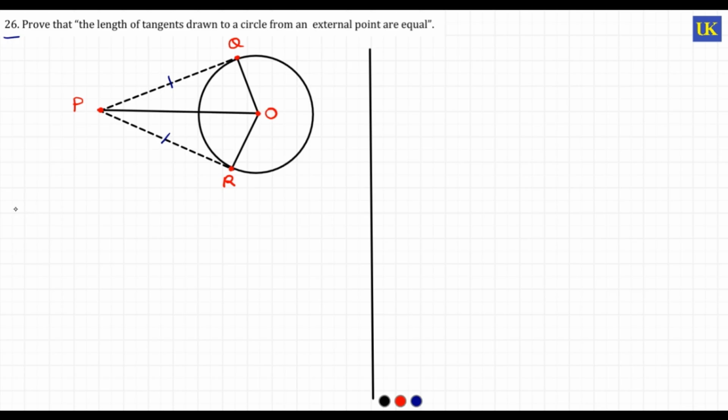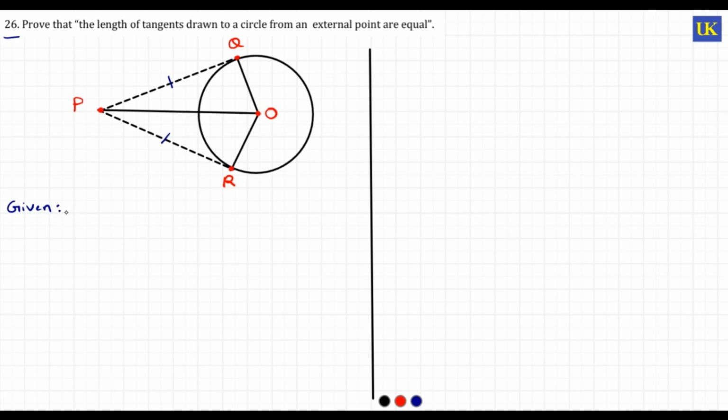So we will begin, and there is a structure to solve the theorem. Always we have to write what is given, what they are asking us to prove, and if there is any construction. Then we have to start with our proof part. So let's begin. First we will write what is given.